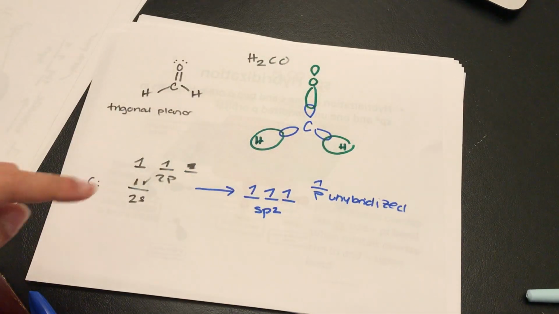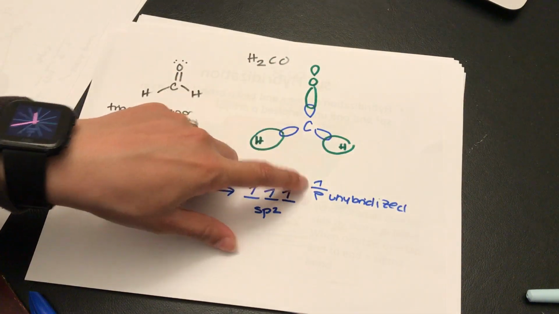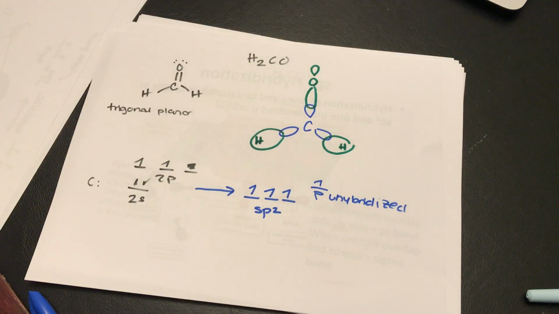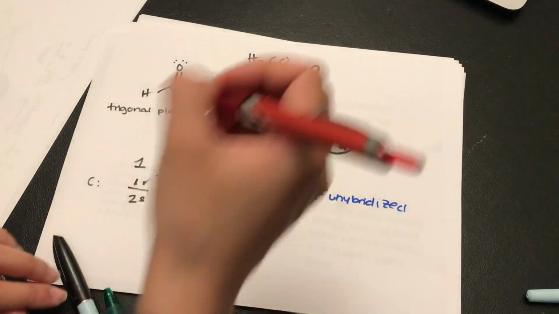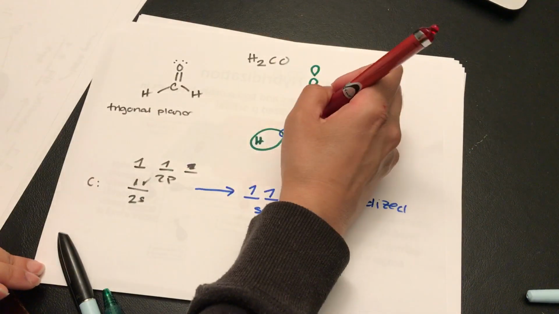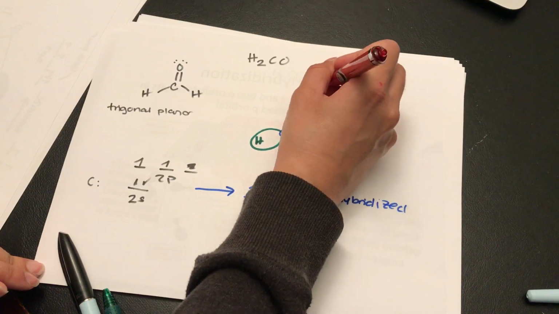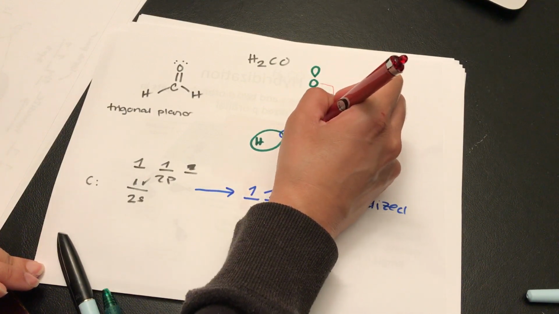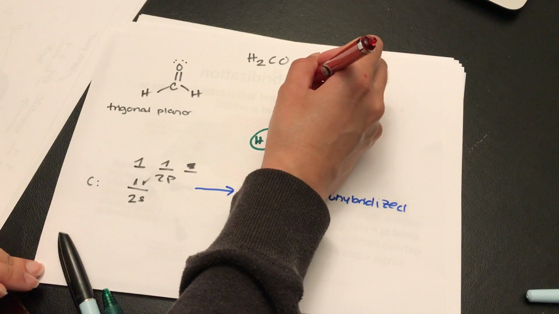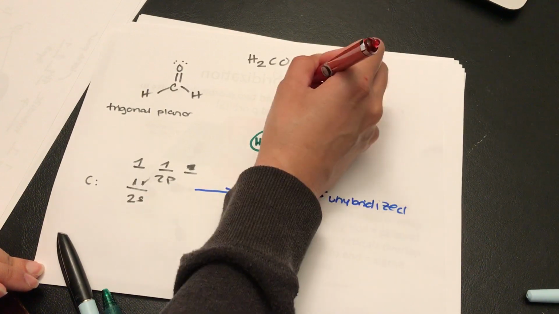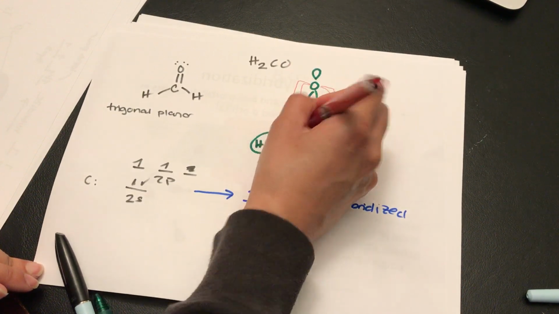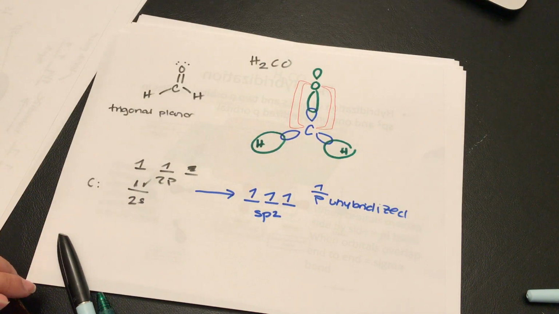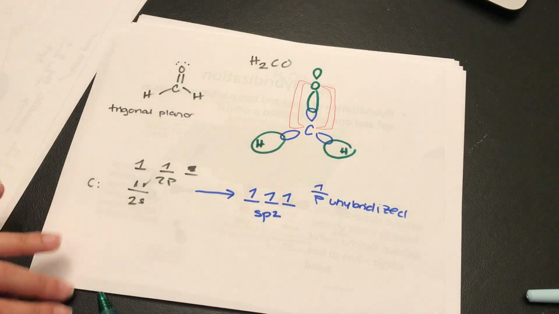Awesome. However, carbon still has one unhybridized p orbital, which would then cause there to be something called a pi bond to give us that double bond. Boom, that looks so funky. I have a way better picture on the other side of this.